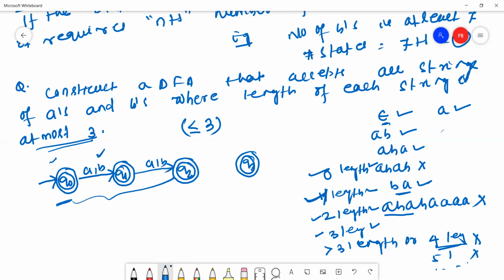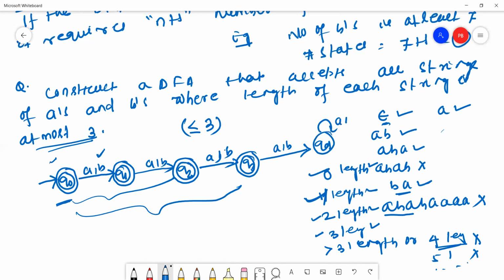Then next one is the three length string. It is the combination of a comma b. It is the combination of three length string. If greater than three, that will be going to the dead state.